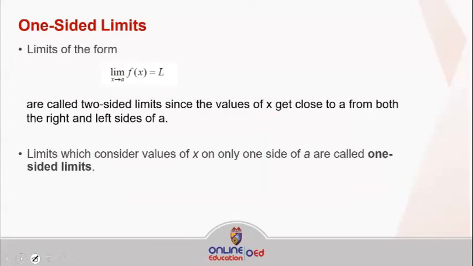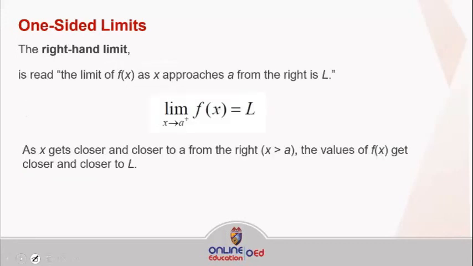So what are one-sided limits first? It says here, limits of the form, limit of f(x) equal to L where x approaches A, are called two-sided limits since the values of x get close to A from both the right and the left side of A, whereas limits which consider the values of x on only one side of A are called one-sided limits. So the difference is we discuss the right-hand and the left-hand limit.